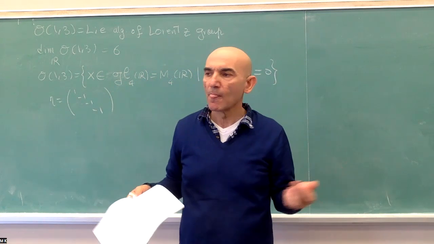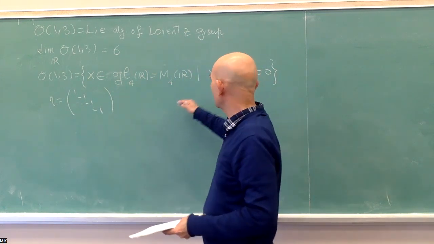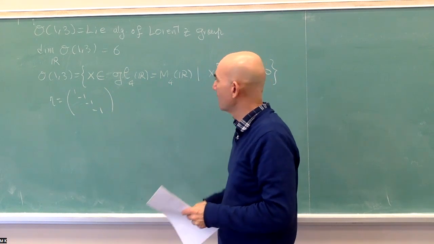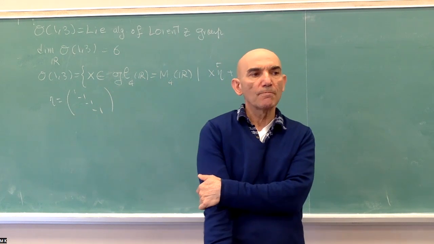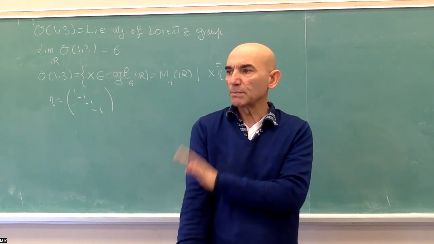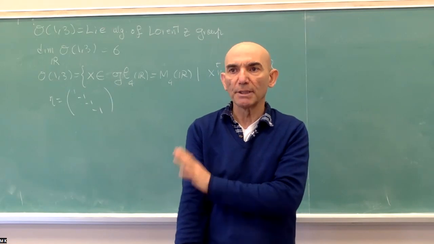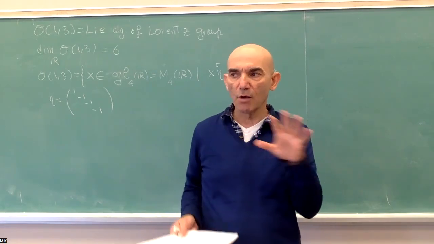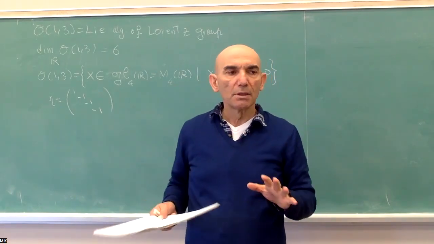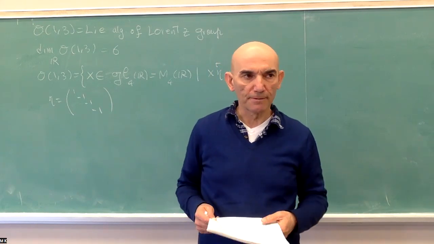But this is more complicated. So the first task is to show 6 explicit elements in the basis that form a basis for this Lie algebra. We have already talked about it, but now we have to write them down again and then work with them.